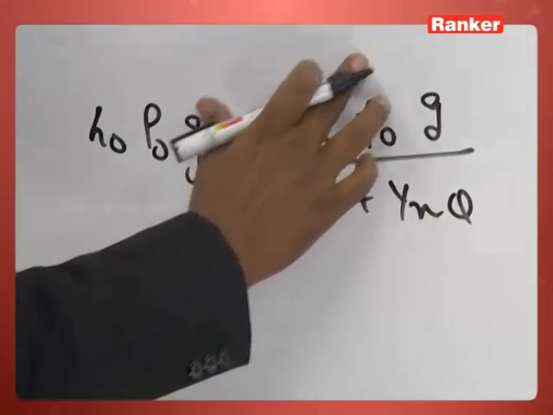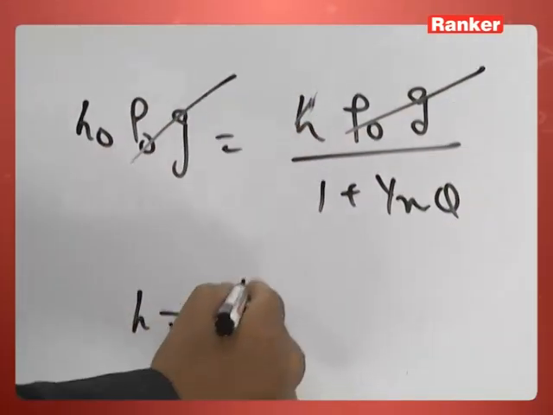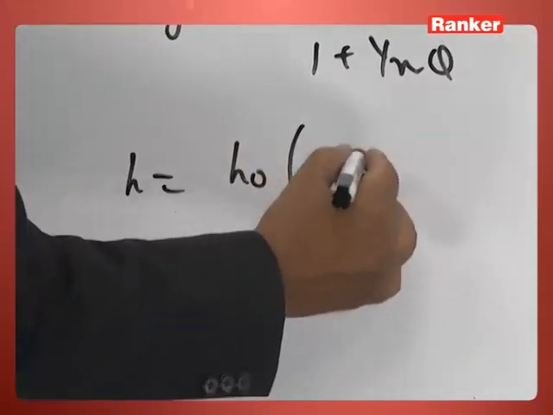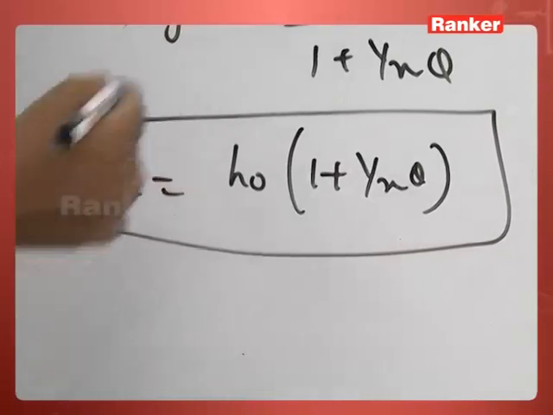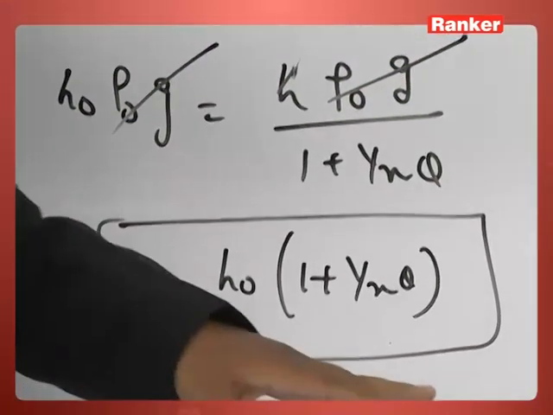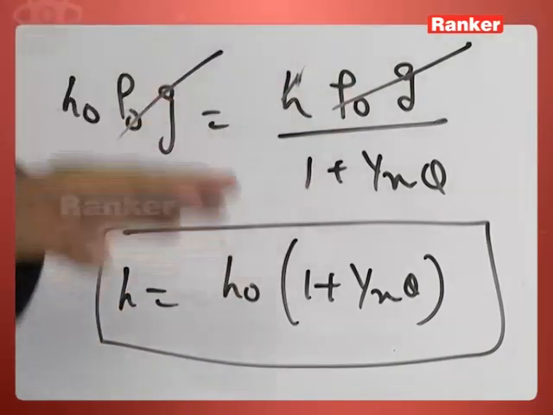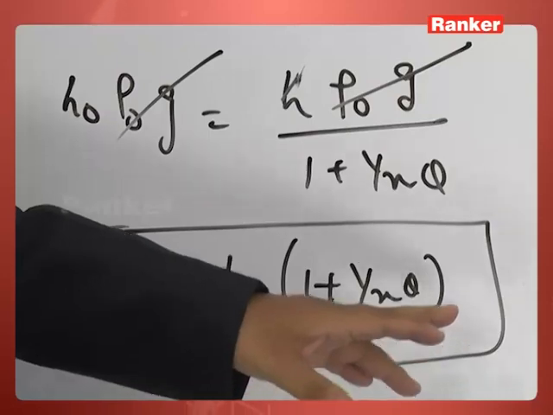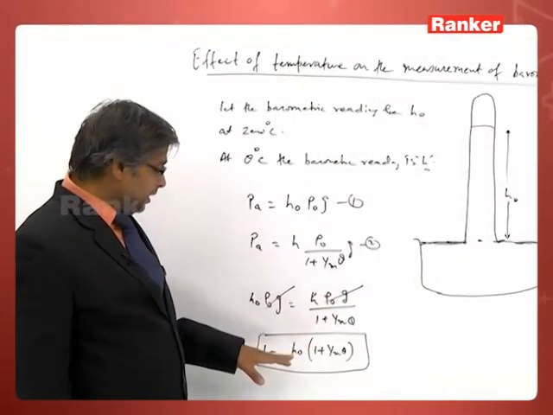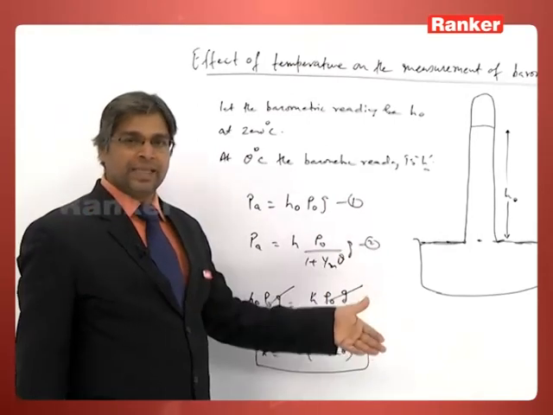The rho naught g cancel, so H becomes h naught into 1 plus gamma mercury into theta. So, the new reading of this barometer at theta degree centigrade will be increased by the factor 1 plus gamma m theta. This is the barometric reading at the new temperature.